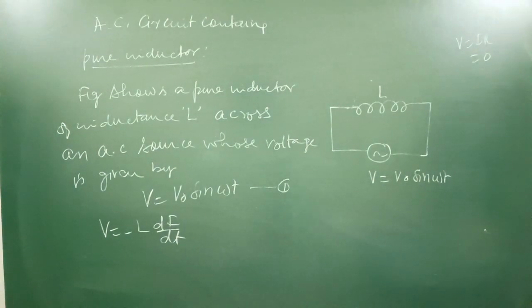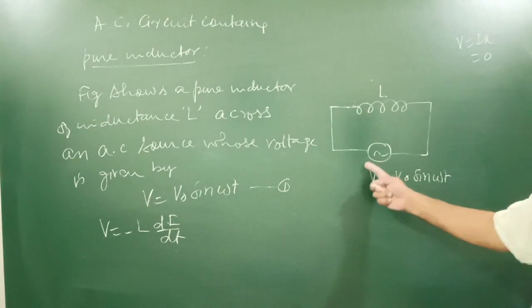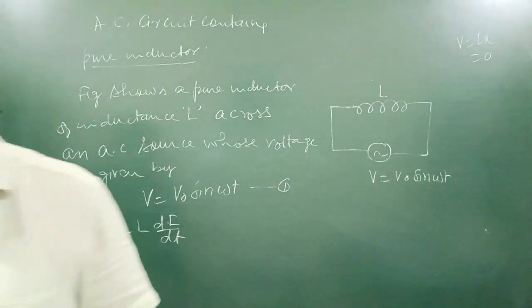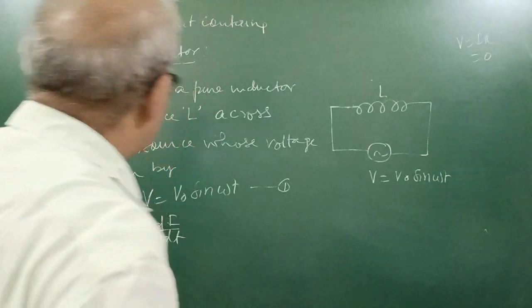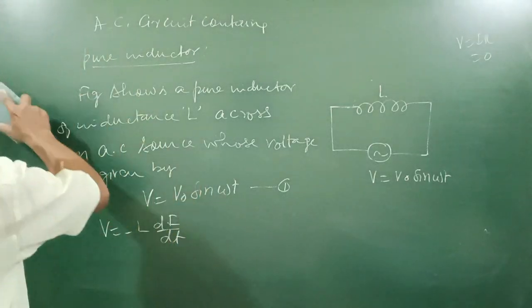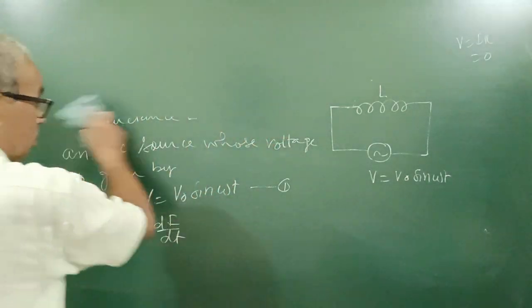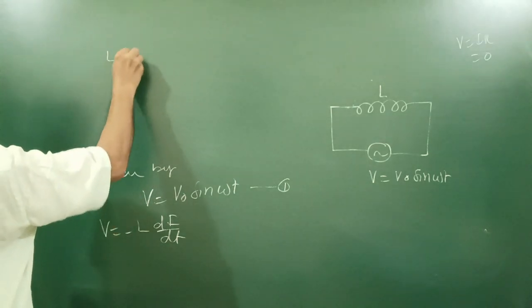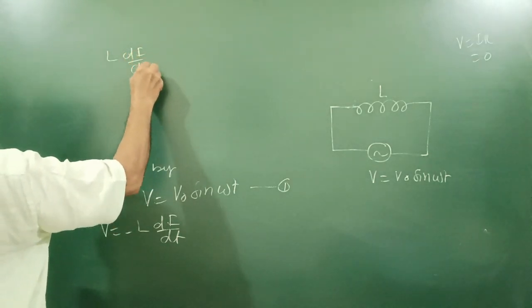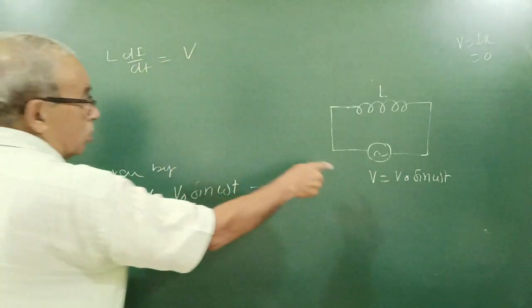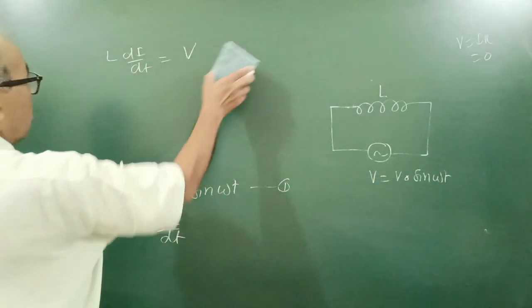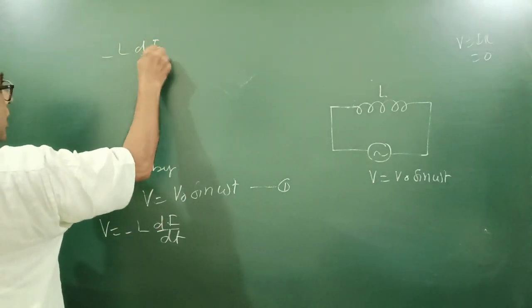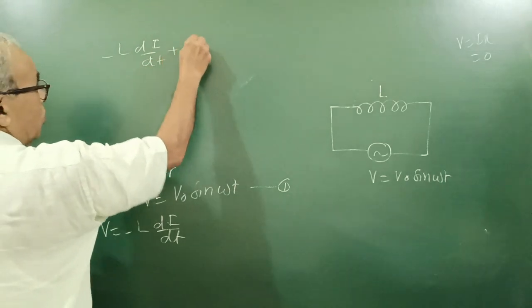So this back EMF and this V are equal and opposite, and hence we can write here L di over dt is equal to this voltage source, or if I generally write, minus L di over dt plus V equal to 0.